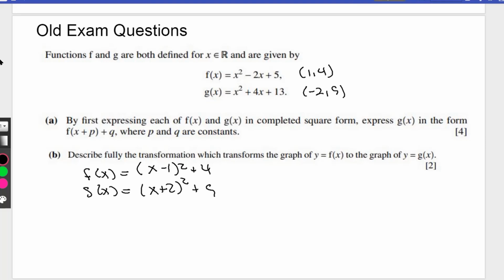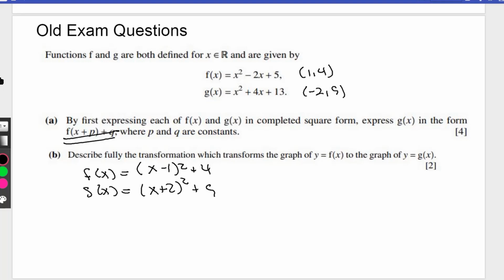All right, that's part A. What they want to know is what happened, left or right, from f to g. It says describe fully what turns the y of f of x into this g of x.